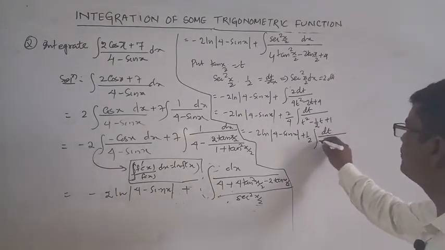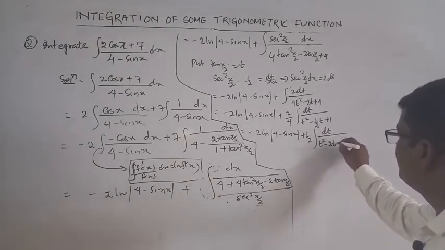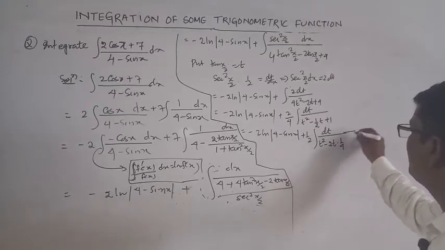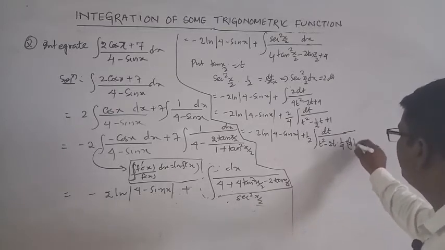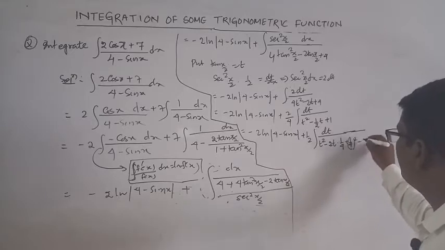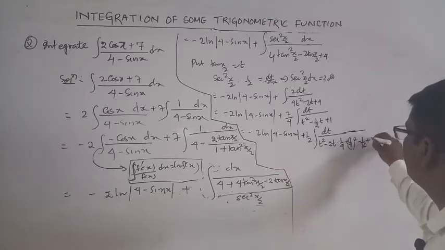this is t square minus 2 into t into 1 by 4 plus 1 by 4 whole square, minus 1 by 4 whole square, plus 1.